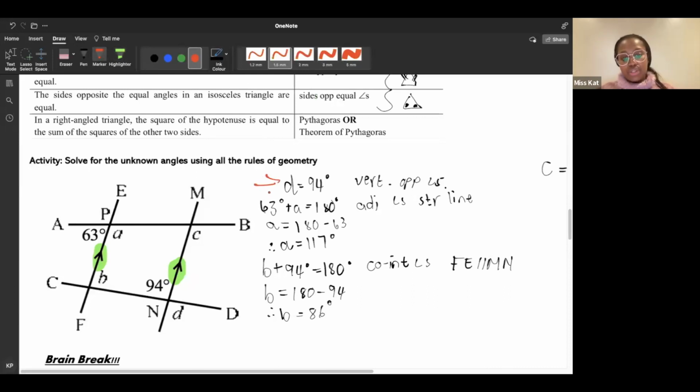Vertically opposite angles. Remember straight lines. Let me use a different color. Straight line over there, straight line over there. They must make an X basically. Angles that are across from each other. So 94 and D will be equal. Okay. There we go.